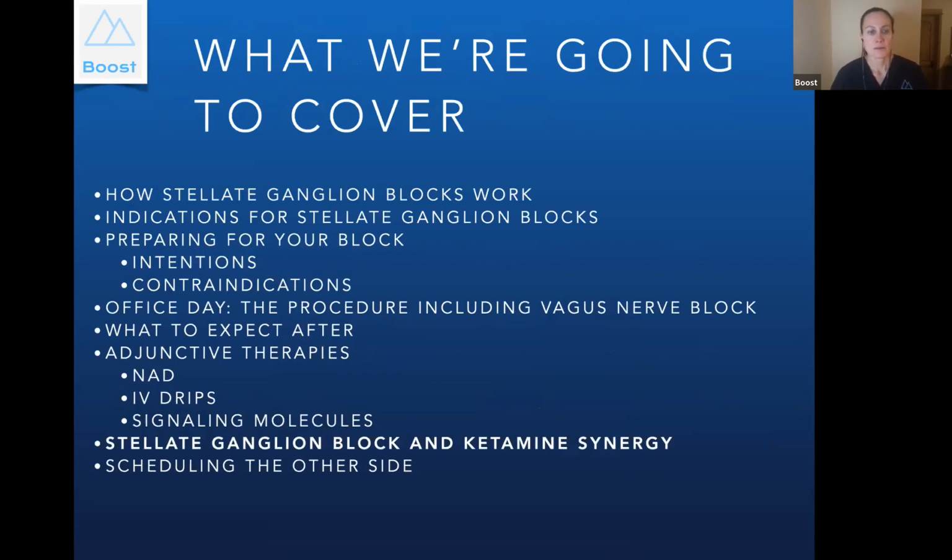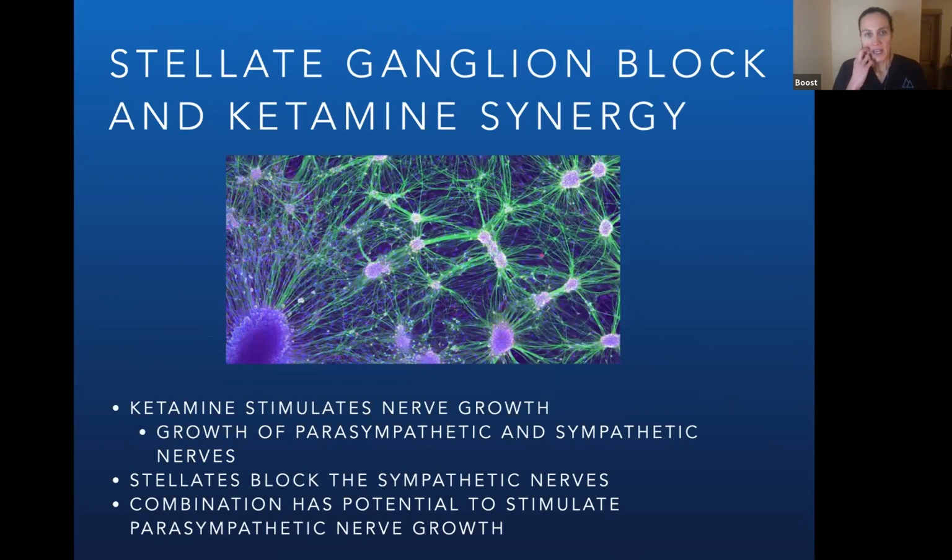All right. Next thing I'm going to talk about briefly is ketamine and stellate ganglion blocks and the synergy with them. Ketamine is a really potent therapy that you've probably heard of. What it does basically is increase the GABA, which is your chill out neurotransmitter, and decreases the glutamate. And it helps to stimulate nerve growth of both parasympathetic and sympathetic nerves. Stellates block the sympathetic nerves.